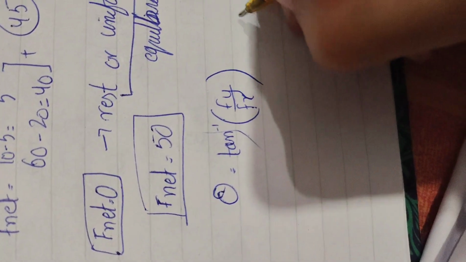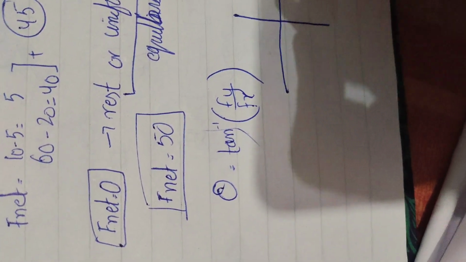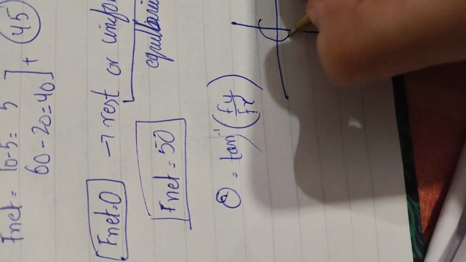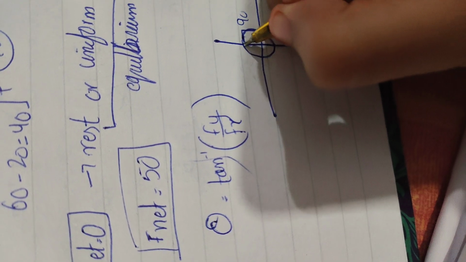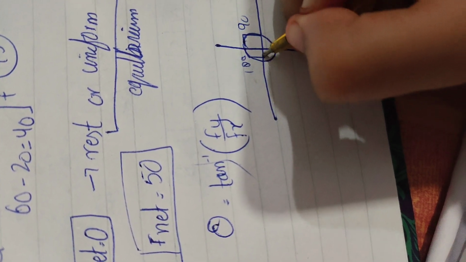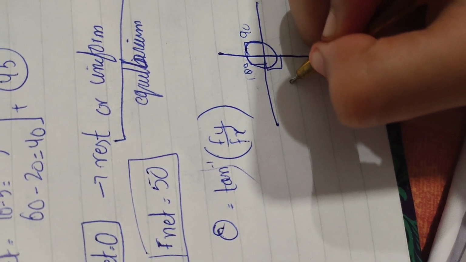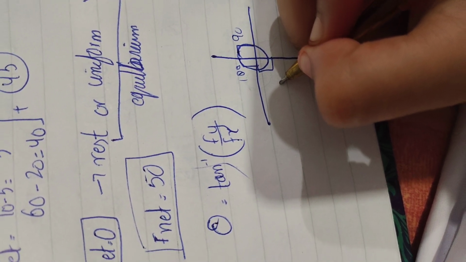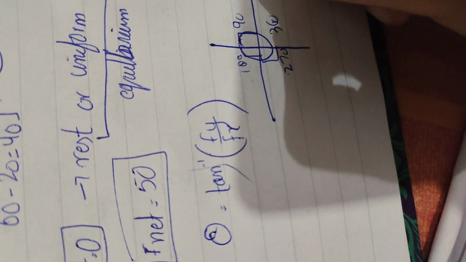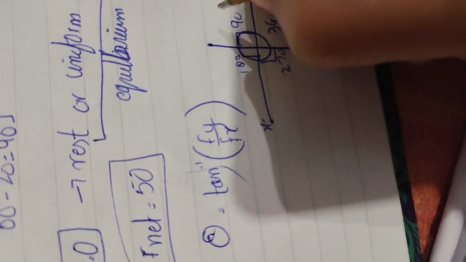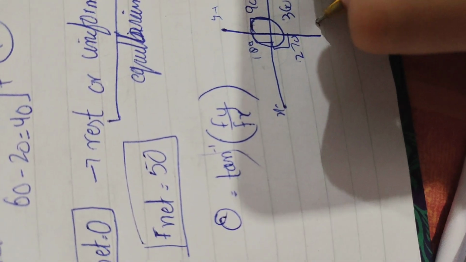Now let me draw a simple chart for it. We know that the circle is 360, this is 90, this is 180, this is 270, sorry, and this is 360. This is x positive, x negative, y positive, y negative.